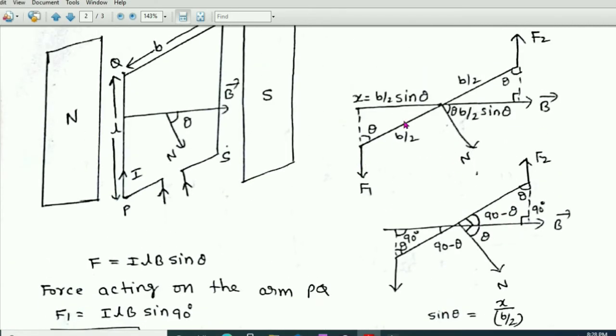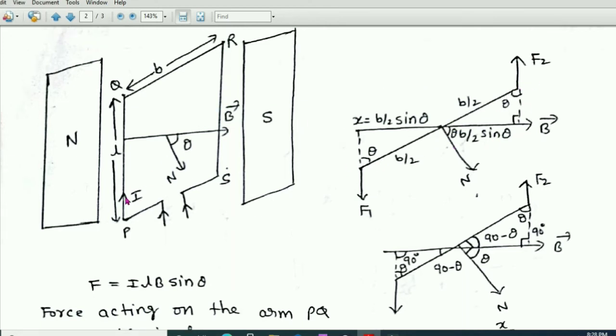So these are the two forces and this is the plane, that is the width of the loop. L is the length of the loop and B is the width of the loop. Now that plane width B we have taken here. So these are the two forces acting. The perpendicular distance between the two forces is what we have shown here.